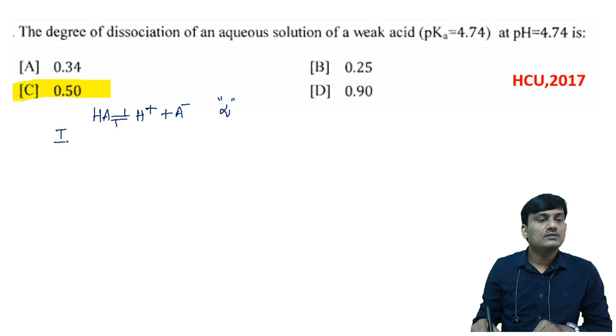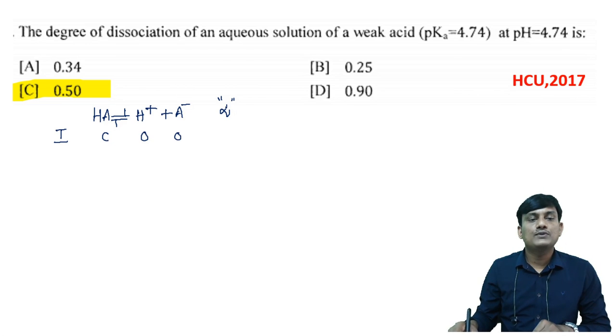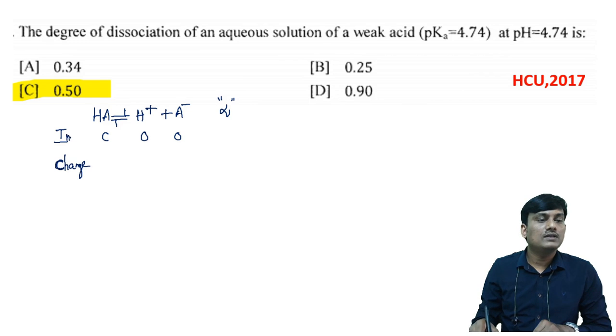Initial concentration, let's take C, and this one is 0 and 0. If the degree of dissociation is alpha, then the change in concentration will be minus C alpha. This one is plus C alpha, this one is plus C alpha.